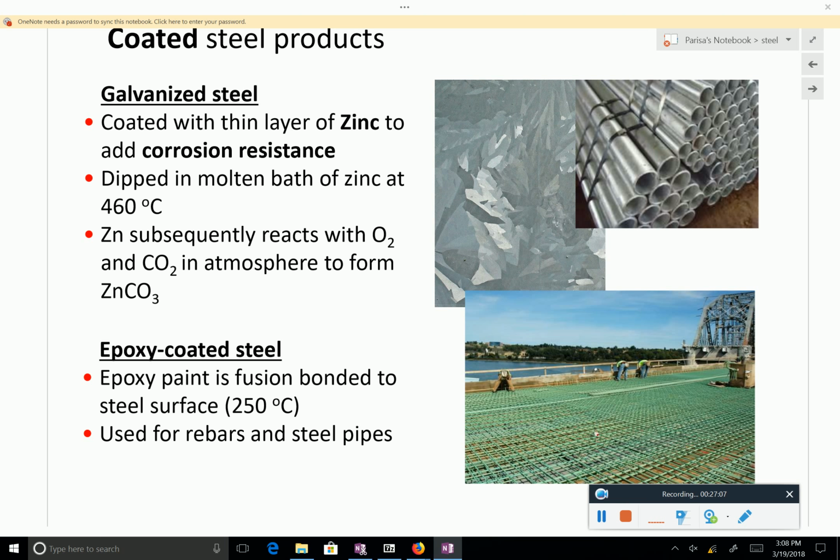And then what happens is when you have corrosion products around the steel, they take the space. So they push on the concrete, they create cracks, and then a chunk of concrete basically just falls off. You have a spalling, right? So that's why we don't like to have corrosion.